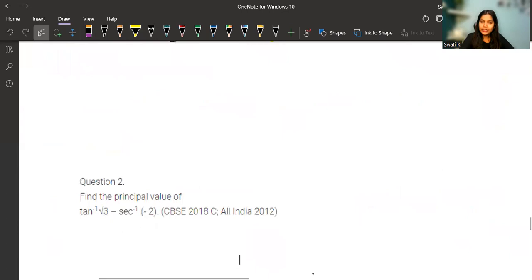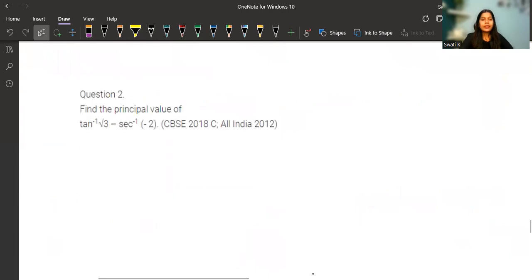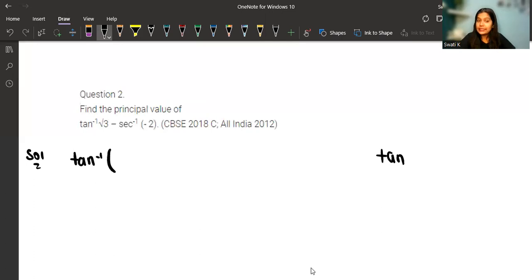The next question is, find the principal value of tan inverse root 3 minus sec inverse minus 2. So let's start this. We are going to start by writing here tan inverse. We know that for what value of tan, the value is root 3. For tan 60, right?